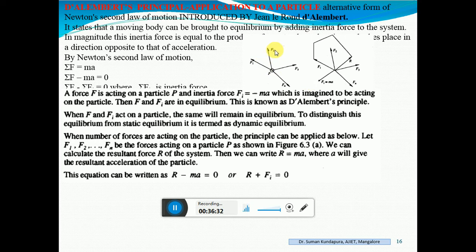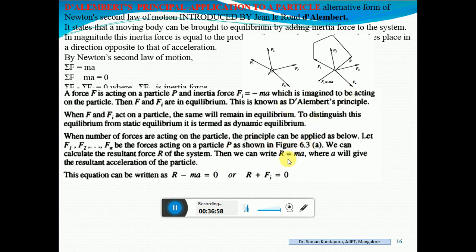And in case there are many forces acting over here, the summation of all the forces, or the resultant of all the forces, and another force, summation Fi, acting on the opposite side, bringing it to equilibrium, then that concept is also called D'Alembert's principle. Okay, when many forces are there.